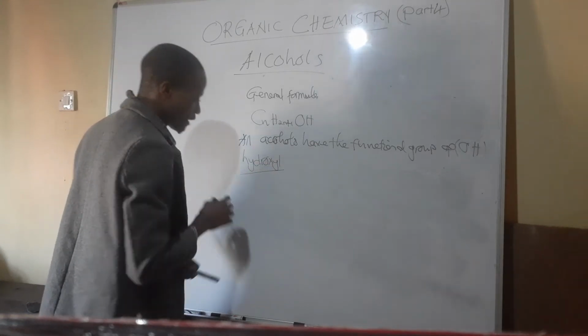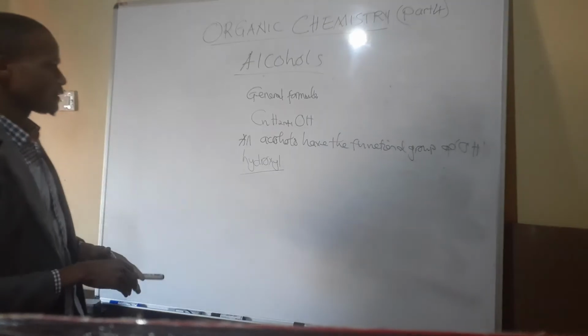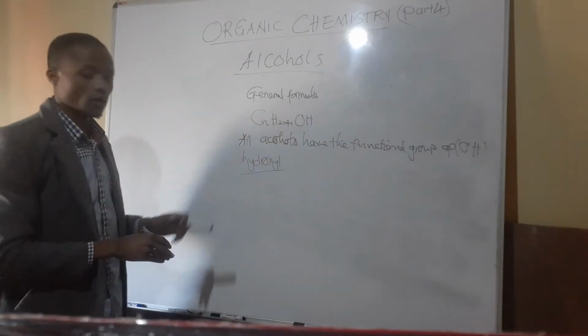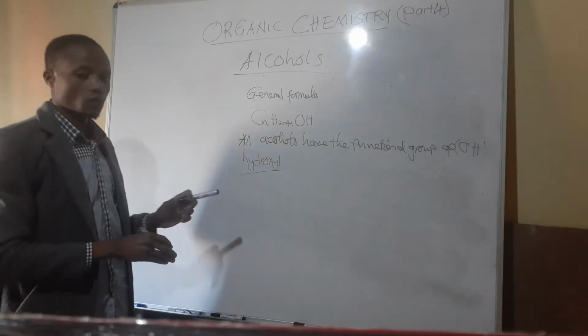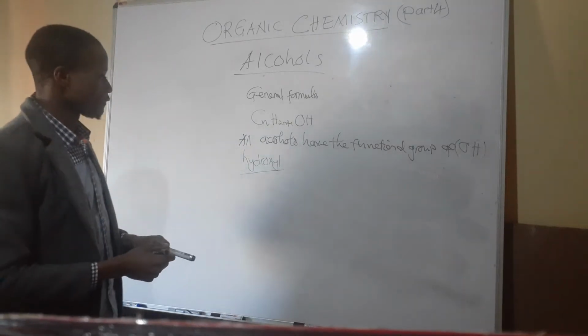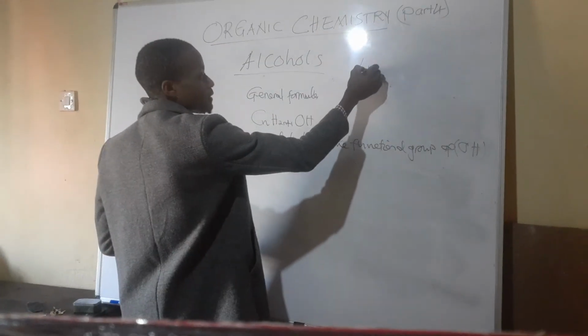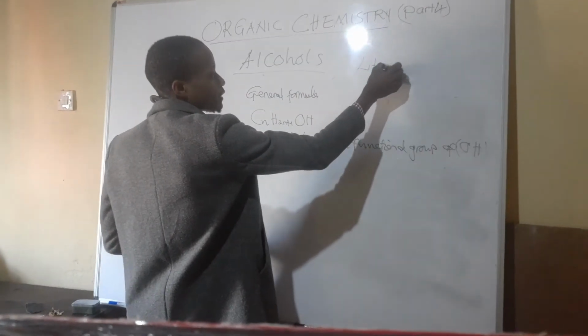Now, when you hear the hydroxyl group, you may think of the bases. This hydroxyl group, which is found in alcohol, does not ionize when dissolved in water. Therefore, the alcohol is neutral to litmus and other acid-base indicators.